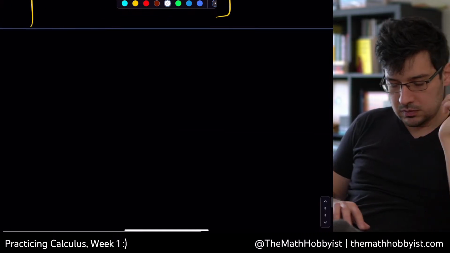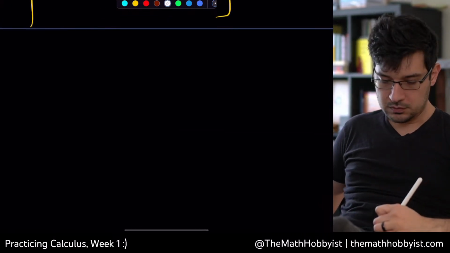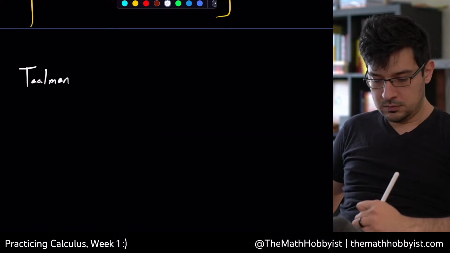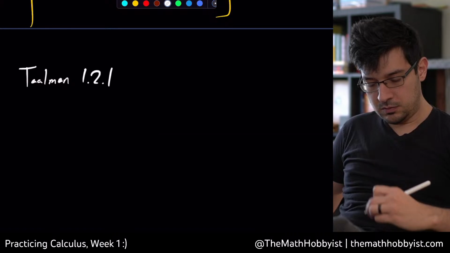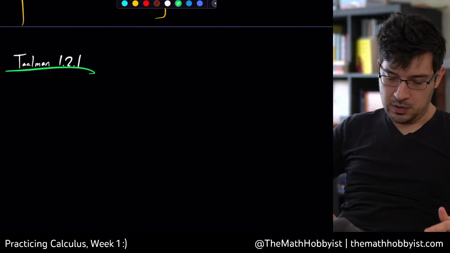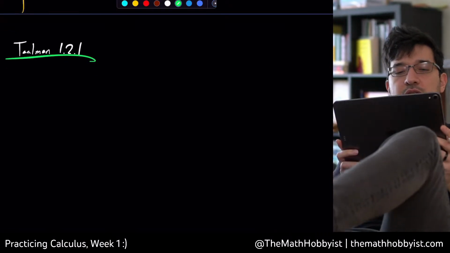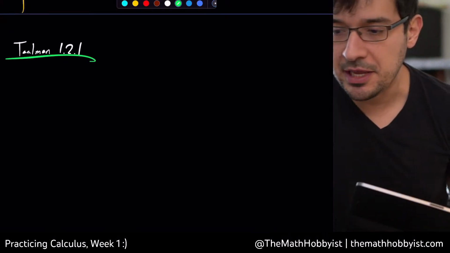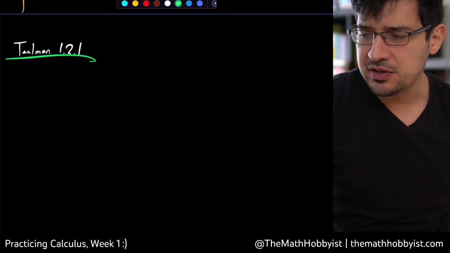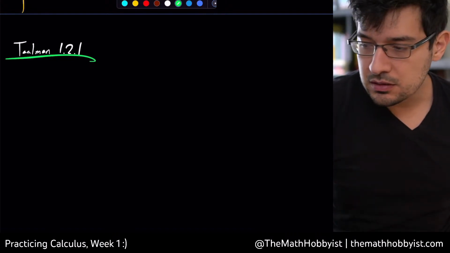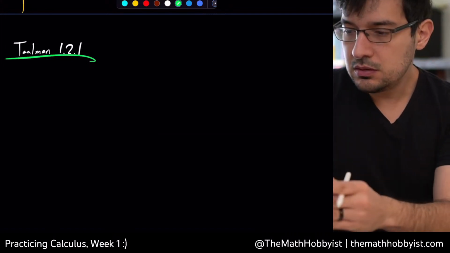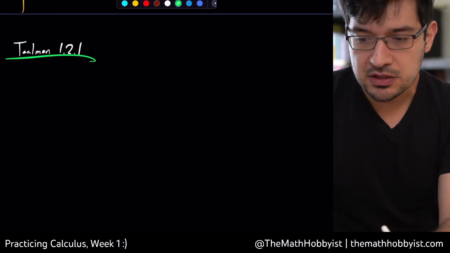Okay. 1.2.1 is going to be related to the formal definition of a limit, and I will be writing out the formal definition as we go, and hopefully we can also get to the scary definitions of limits.